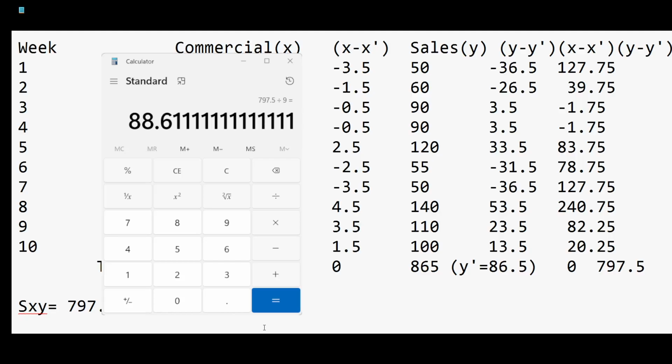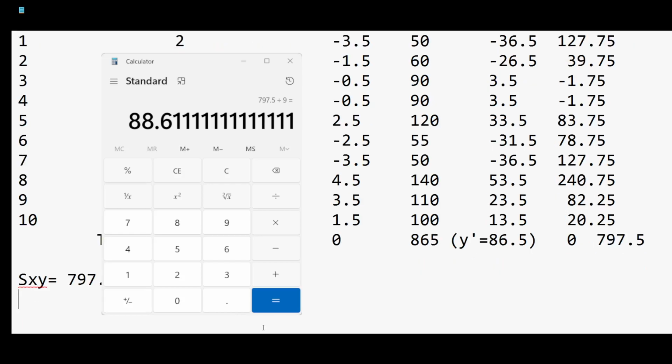Okay, that is our SXY. And the next to compute is our RXY. So this is SXY divided by SX times SY.